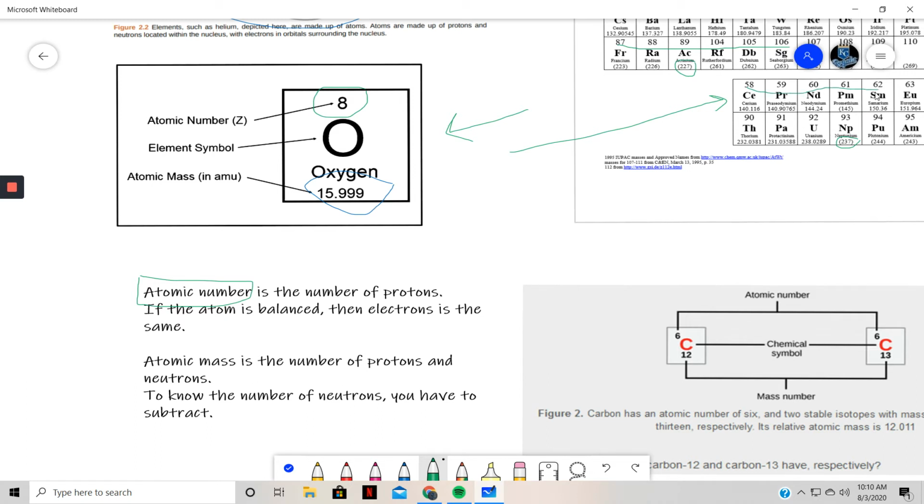And that's important, because what that tells you is that it determines what element it is: how many protons it has. The reason why you can't change the number of protons is, one, they're confined in the nucleus, so you can't get to them unless you split atoms, and that's a whole different scenario. That's Godzilla movie type stuff.